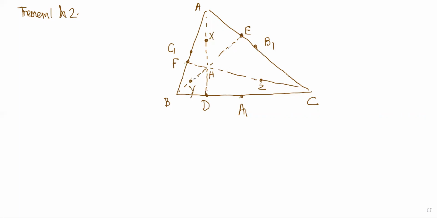These points all lie on a circle. That circle is called a 9-point circle.